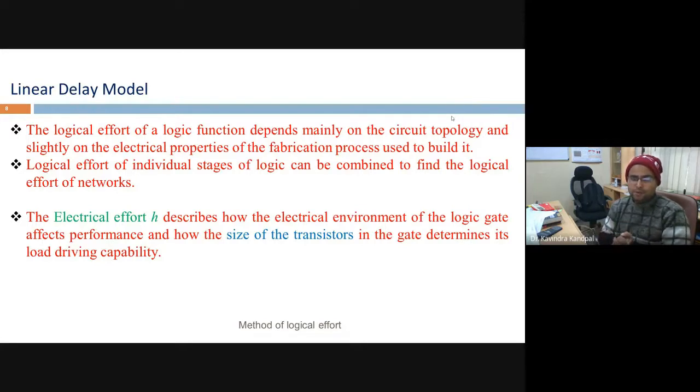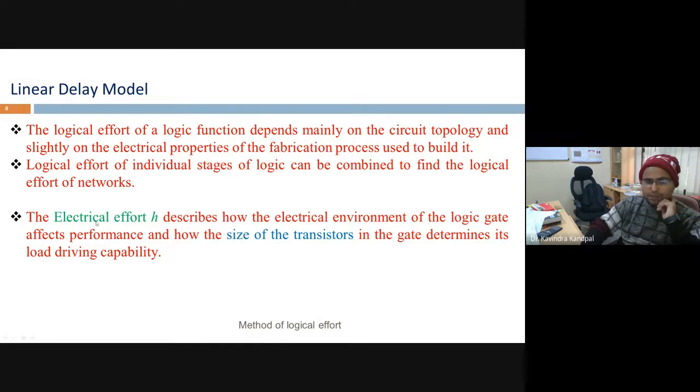As I said, mu and mu p will decide the size of the standard inverter, and based upon that you will be telling about the logical effort. I will also tell you how to combine the logical effort of individual stages in order to find out the logical effort of a chain.